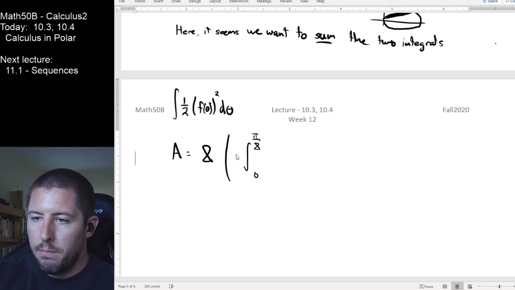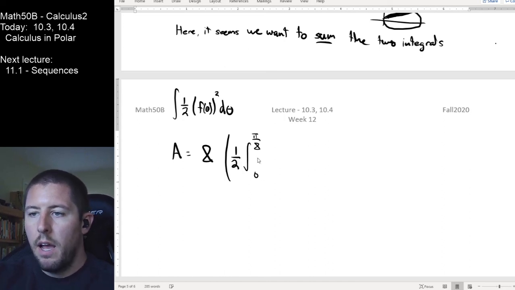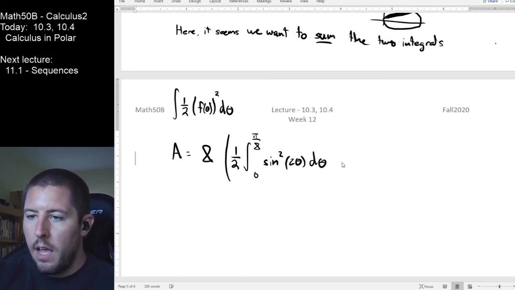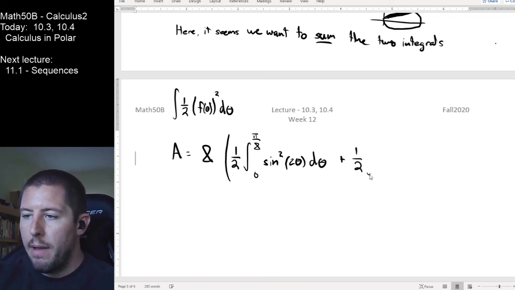So here I'm going to just pull this 1/2 out front. I've got my bounds from 0 to pi eighths here. This is really r squared, right? So this is going to be my sine squared of 2 theta d theta. And I am adding that, I want more area because we've accumulated the bottom half of our petal.